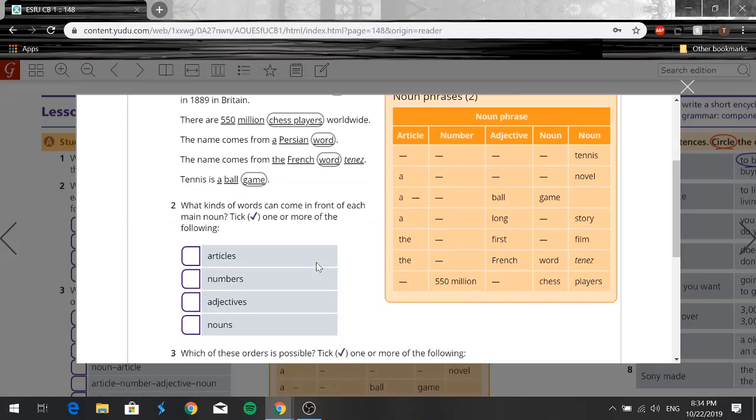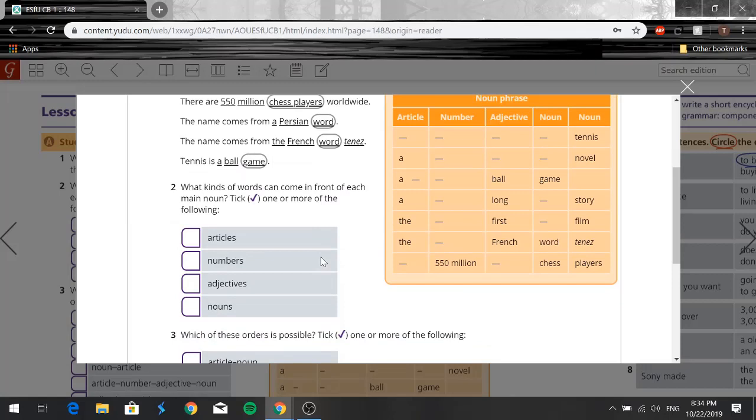Now let's go to A2 here. What do we have? What kinds of words can come in front of each main noun? Tick one or more of the following. All right. So what are the kinds of words that can come in front of each main noun, like we can see here? So articles can come before main nouns, right? So articles include a, an, and the.